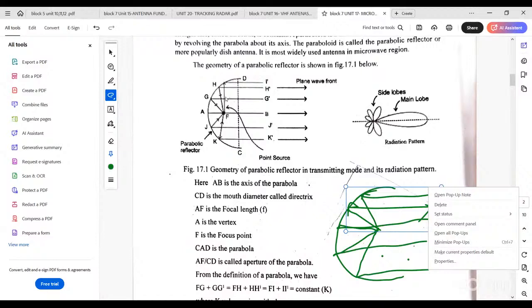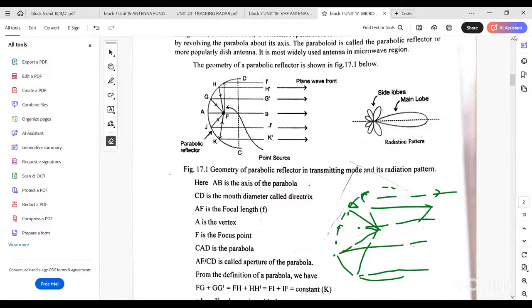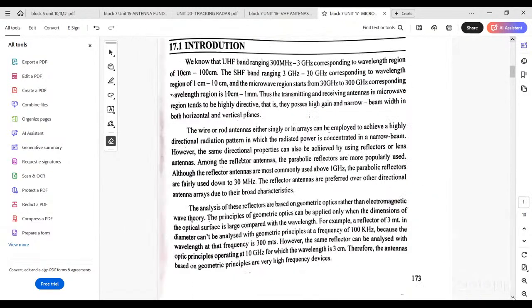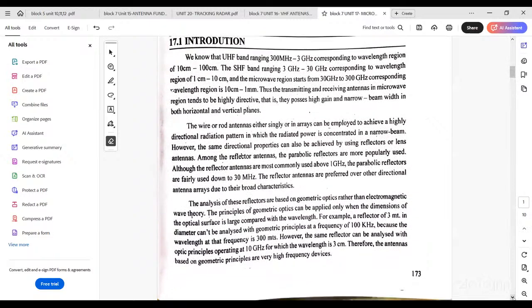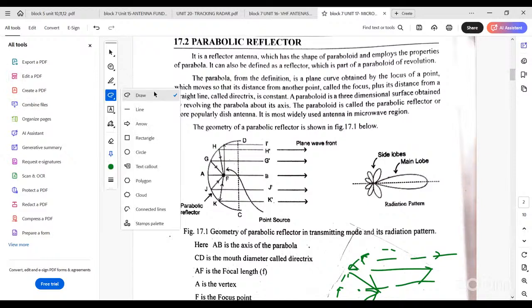Now we will see the explanation, starting with the introduction. What do we have to write in the introduction? It is a reflector antenna. Which type of antenna is this? This is a reflector antenna.